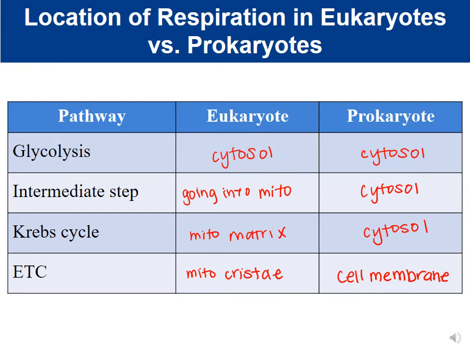Back when we talked about different structures within the cell, you might recall that one of the functions of the cell membrane in prokaryotic cells is that it's used to produce ATP. In eukaryotic cells, this electron transport chain is going to happen in the cristae of the mitochondria.